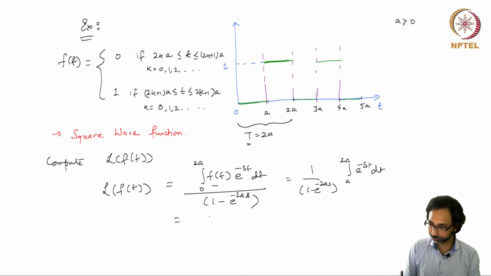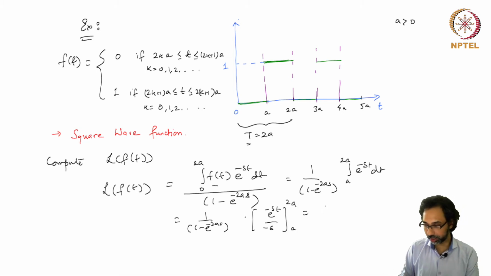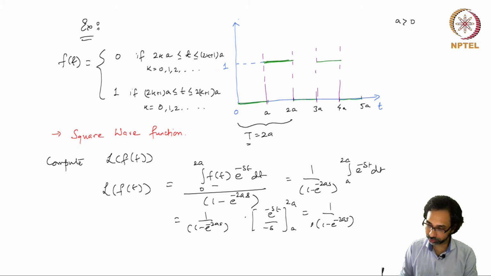Therefore you get 1 over 1 minus e to the power minus 2as, and then e to the power minus st over minus s, from a to 2a, and this is nothing but 1 over (1 minus e to the power minus 2as) times s, and in the numerator you have e to the power minus as minus e to the power minus 2as, and this is valid for s greater than 0.